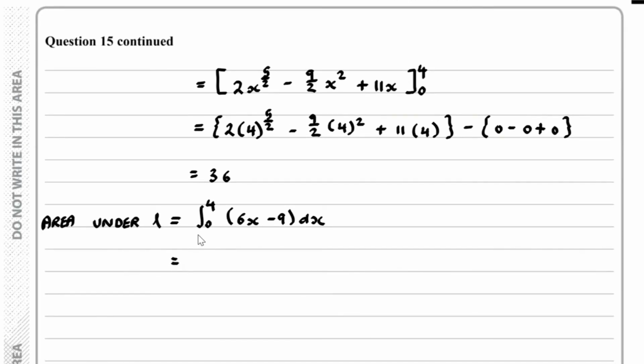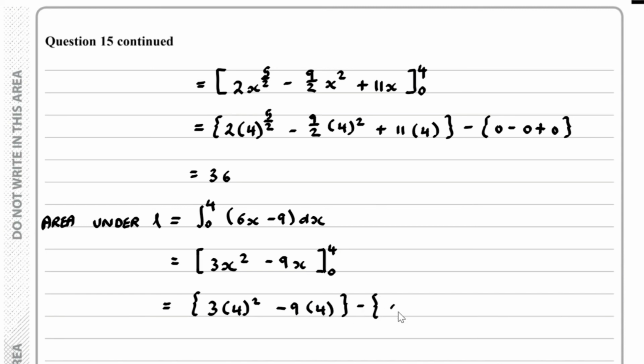So if I work out what this is, I have 3x squared minus 9x between 0 and 4. So for the upper limit, I've got 3 lots of 4 squared minus 9 lots of 4. For the lower limit, I'll have 0 minus 0. And it turns out here, I'd get 12.